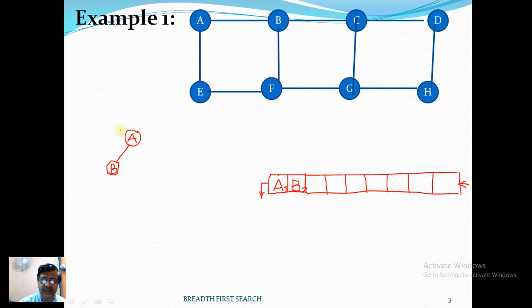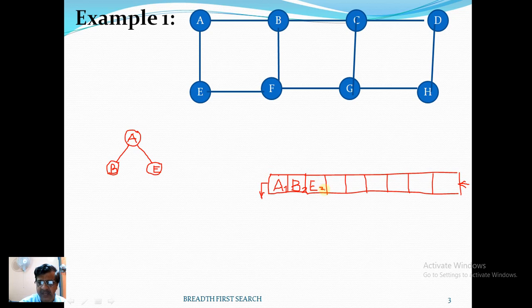That is known to us. The next vertex is E, because E is attached to A, and B is attached to A. B is chosen first because B is of higher alphabetical order. So this is E3.